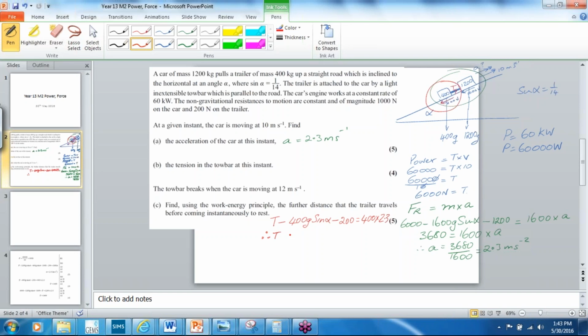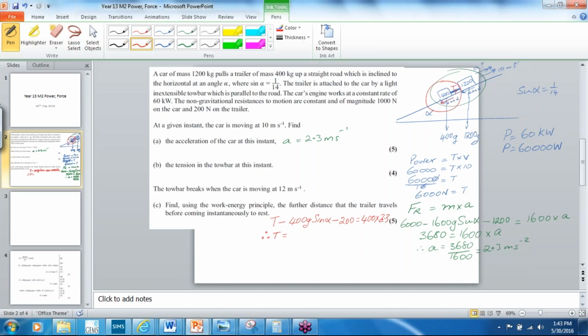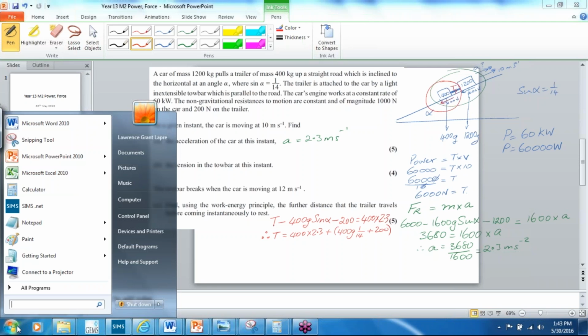Therefore, our tension will be, let's just do this calculation. Our tension will be 400 times 2.3 plus 400g sine alpha and 200. So let's do this calculation here.